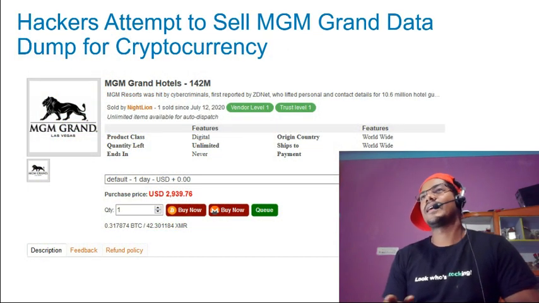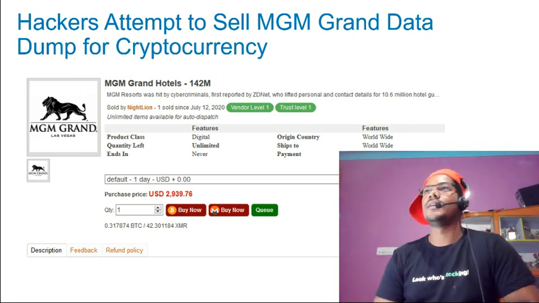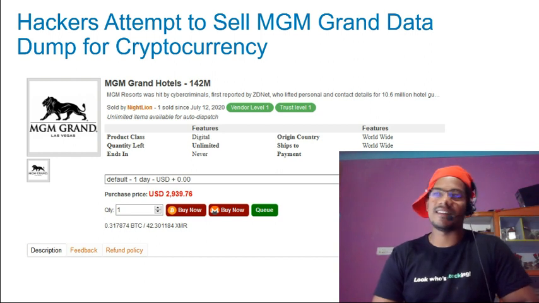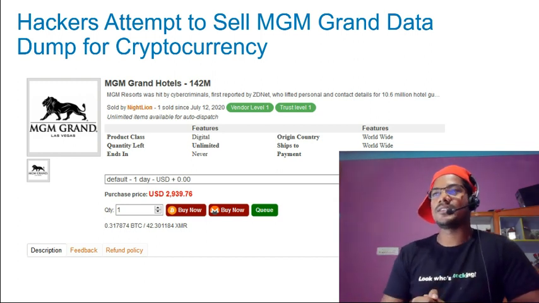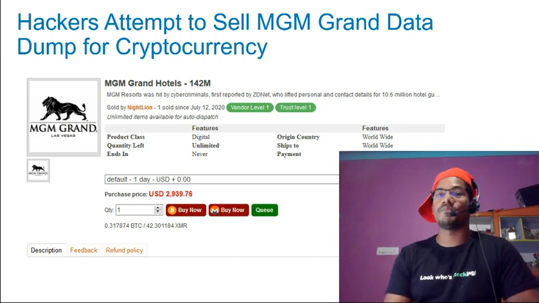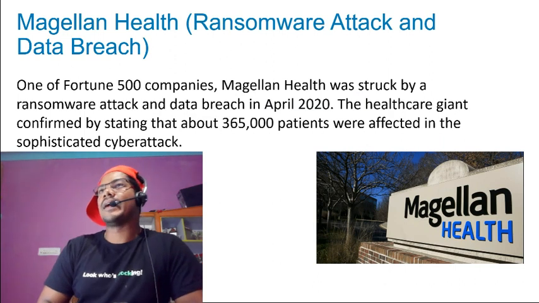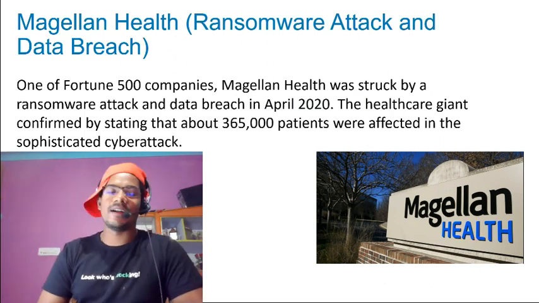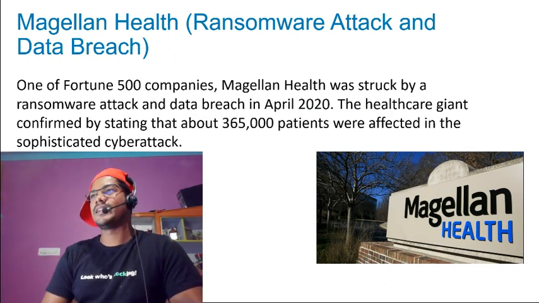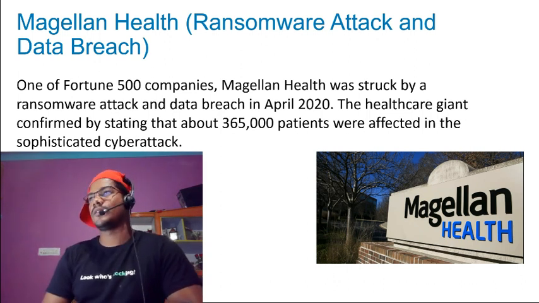Also, hackers started selling the MGM Grand data dump for cryptocurrency. They got access to different data and started selling it: if you want some of the really sensitive data, you send us some cryptocurrency and we'll send it. Also, the Magellan Health ransomware attack data breach happened in recent times, where over 365,000 patients' data was stolen or even dumped.